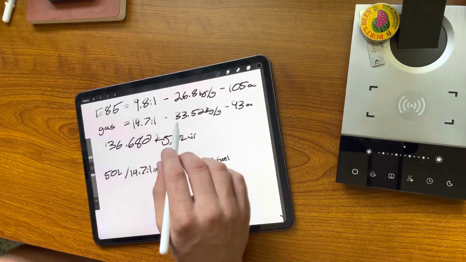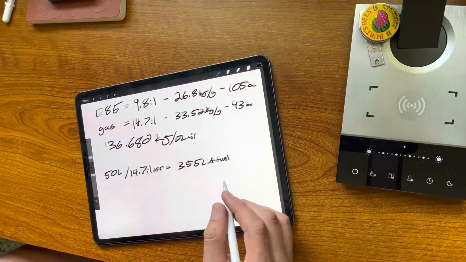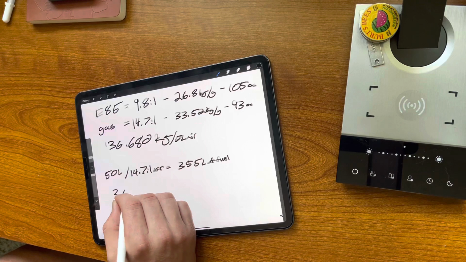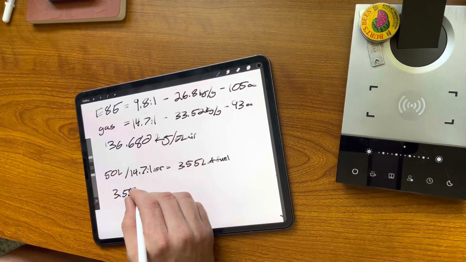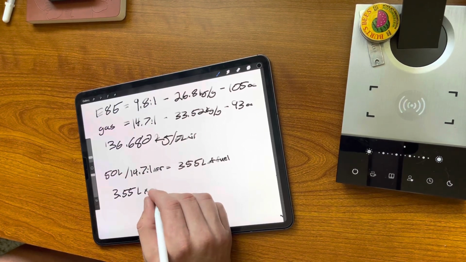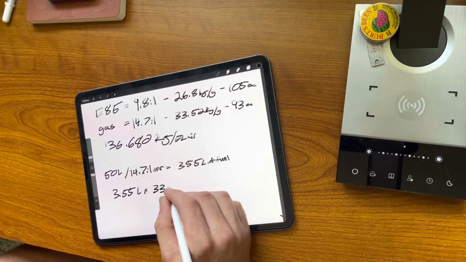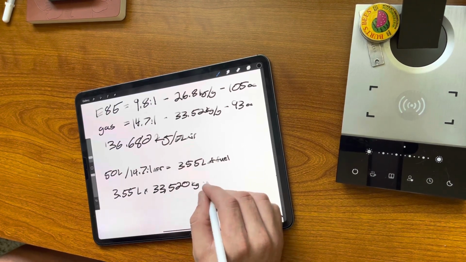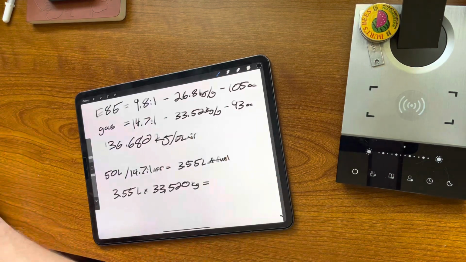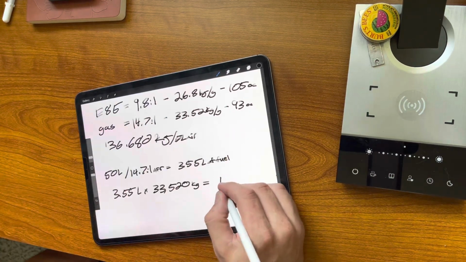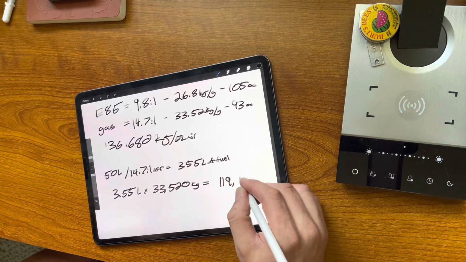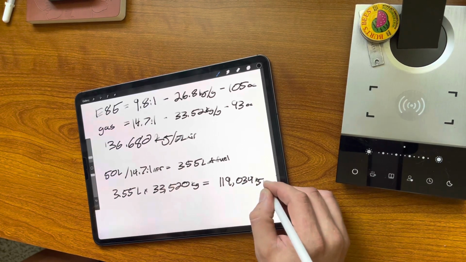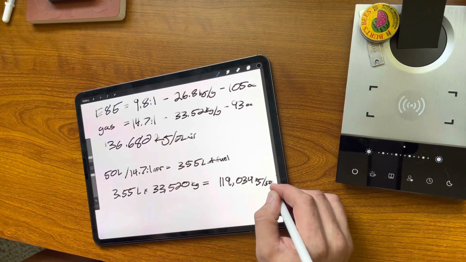Now, at 33,520 kilojoules per liter, 3.55 liters times 33,520 kilojoules equals 119,034 kilojoules per 50 liters of oxygen.